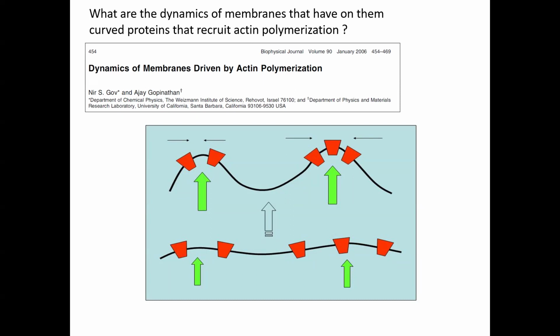So for example, what's shown here in this scheme is that if you have a higher concentration of these proteins here and here and a lack of them in the middle, then at the next time point, denoted by this arrow, there will be a larger deformation here, because the force that each of them is producing is larger here, like a center where actin is nucleating and pushing.